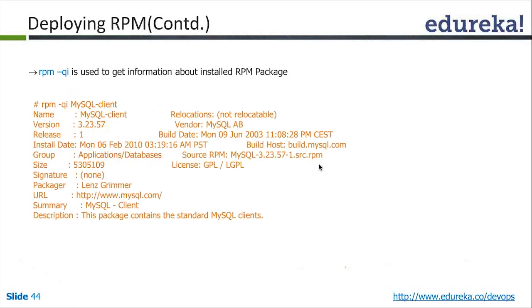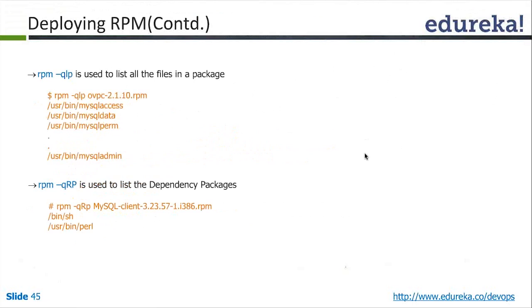Don't worry about that. If you want to know more information on that RPM package, we can do a -qi, and it gives you all the information which you sourced when you created the spec. I told you there's a spec file which you create. So that information is obtained when you use -qi on a particular package.